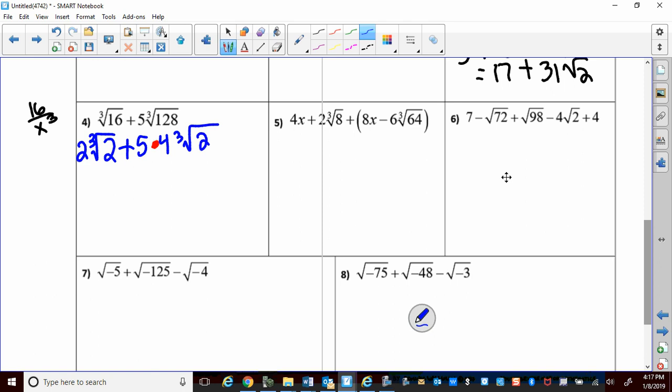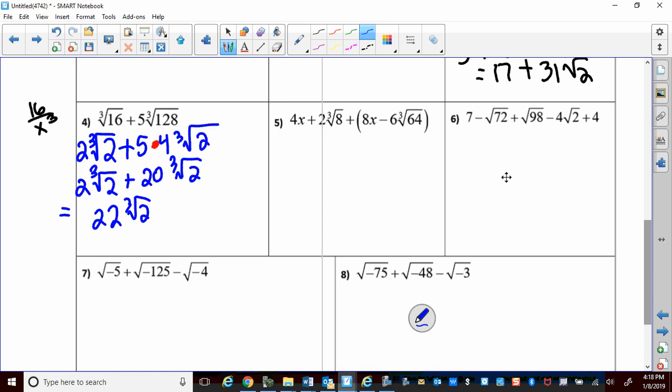Okay, simplifying, I get 2 cube root of 2 plus 20. 5 times 4 is 20. Cube root of 2, I get 22 cube root of 2. That's my final answer.